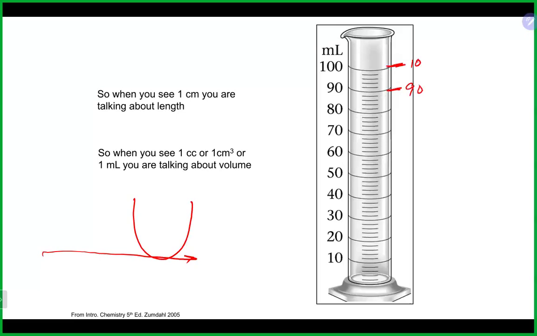That is 100, which means we got 10 milliliters as our large difference between our markings. Individually here, smaller markings, we got 1, 2, 3, 4, and 5 markings, which means each of the small markings on this particular one is actually 2 milliliters, as that would be 92, 94, 96, 98, as you go up there.